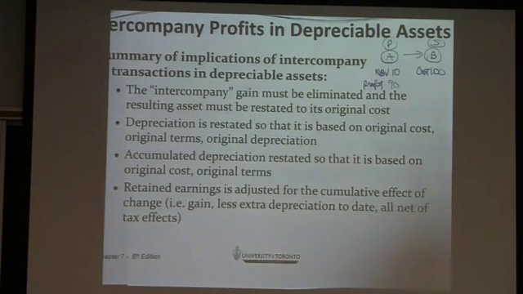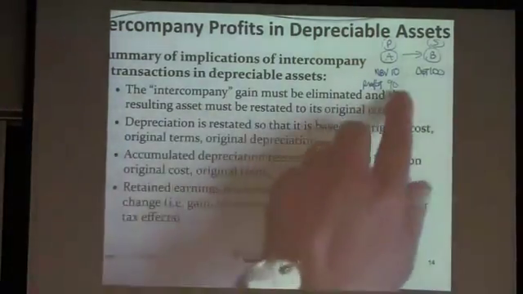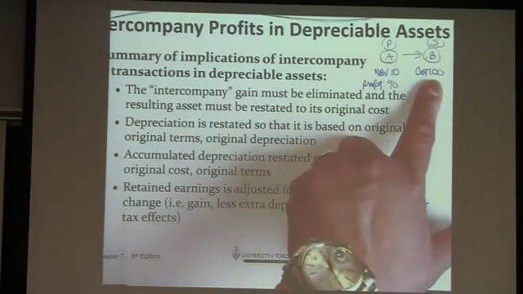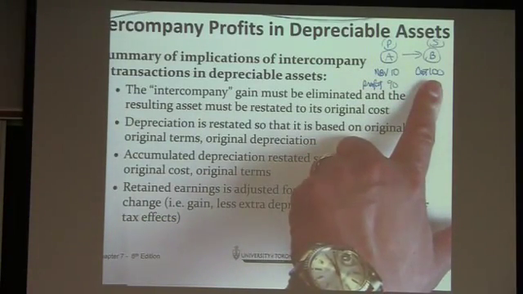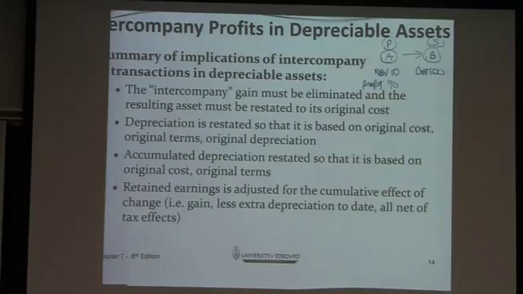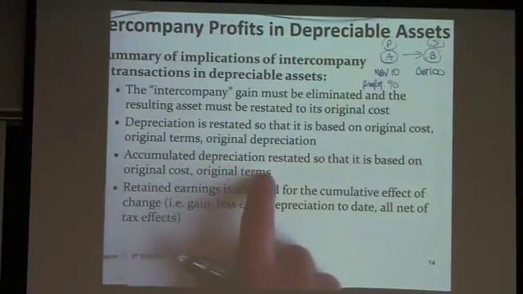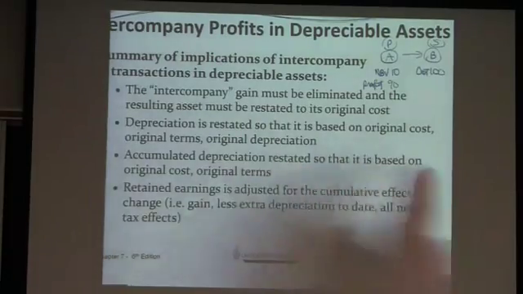Then we're going to have to bring the amortization, let's say the remaining life is 10 years, from 100 divided by 10, which is $10, to $1. Now, that means that the cumulative depreciation needs to be restated as well based on original terms.